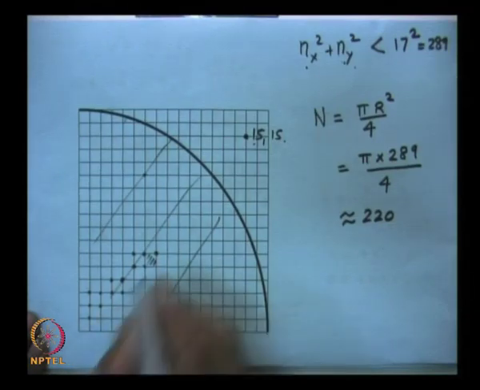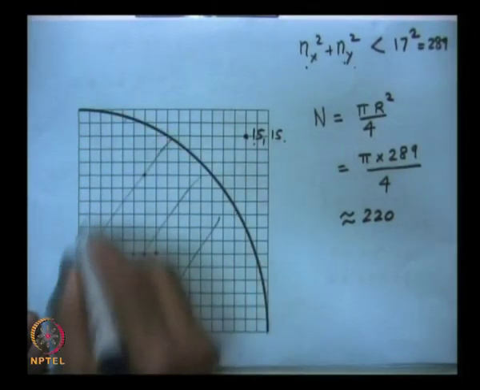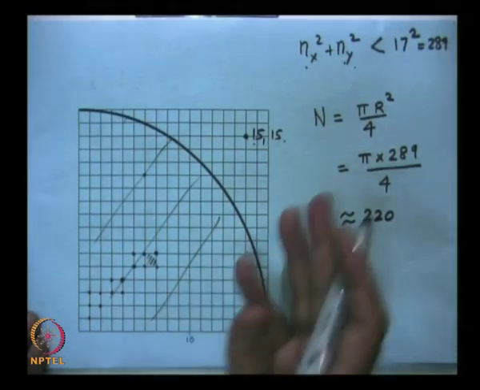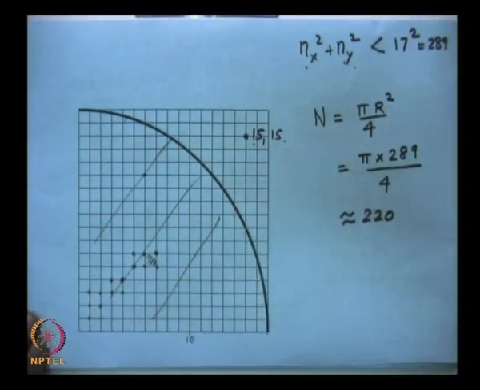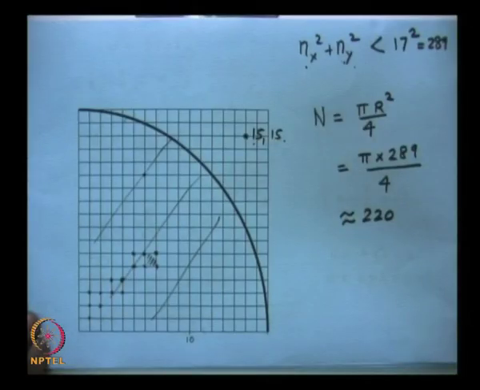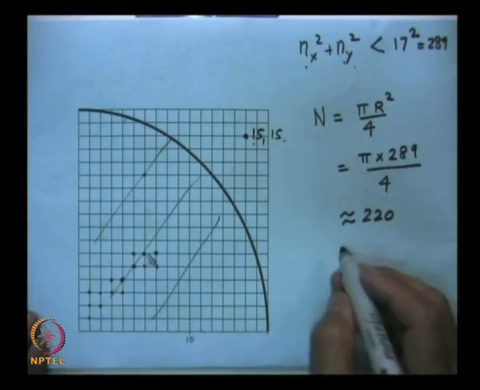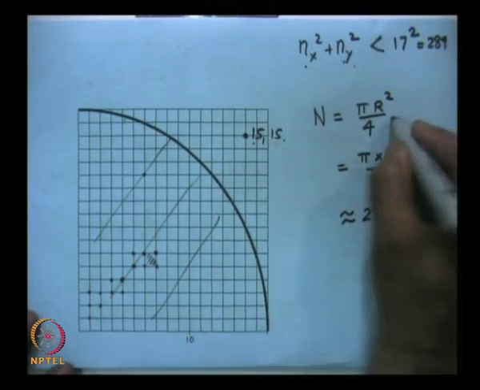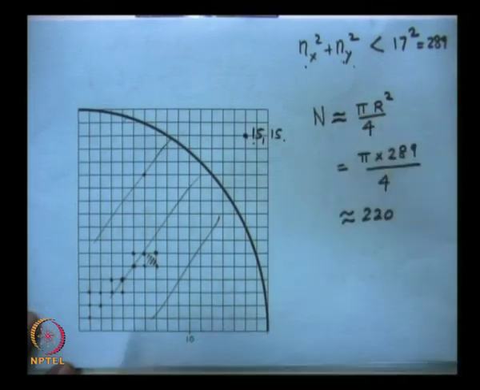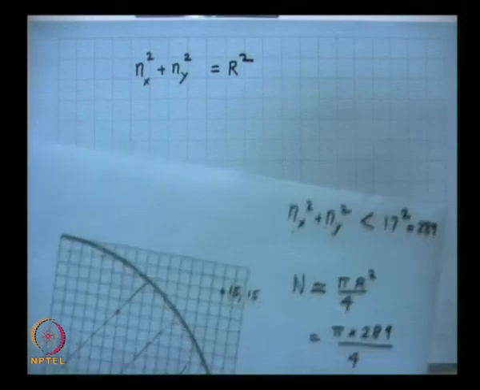So, the number of points in this quadrant will be approximately equal to the area of the quadrant when this value of r is very large, and so the total number of states will be approximately equal to pi r square by 4. Now, so this was the case.